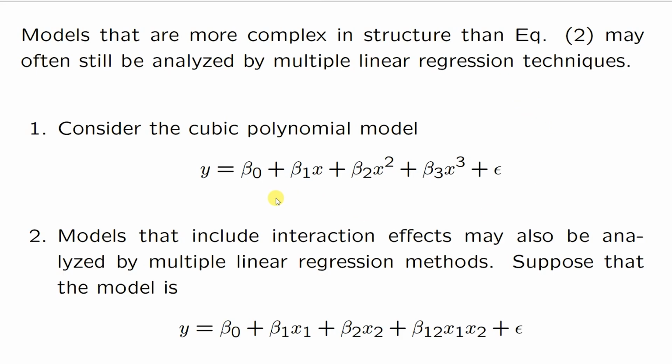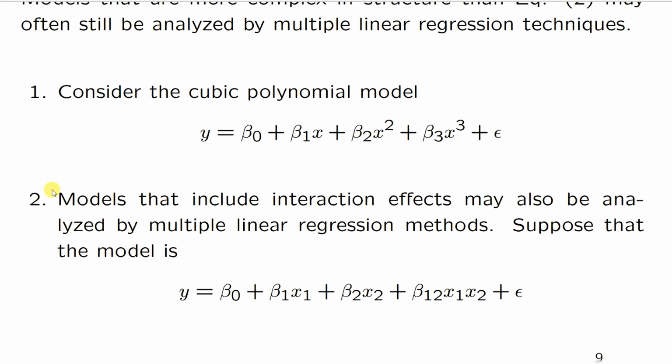So let us consider a cubic polynomial model, that is y is equal to beta naught plus beta 1 x plus beta 2 x square plus beta 3 x cube plus epsilon. So here if we denote x as x1, x square as x2 and x cube as x3, then we get a multiple linear regression model with 3 regressors x1, x2 and x3.